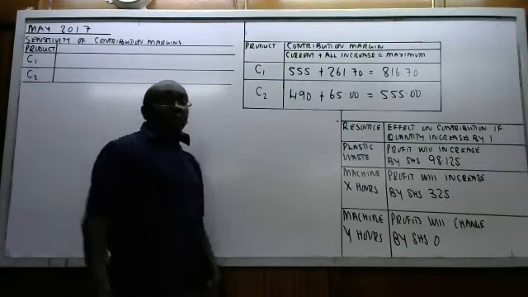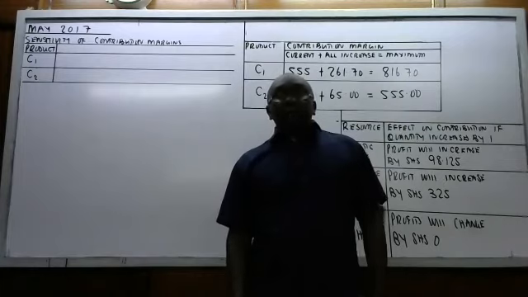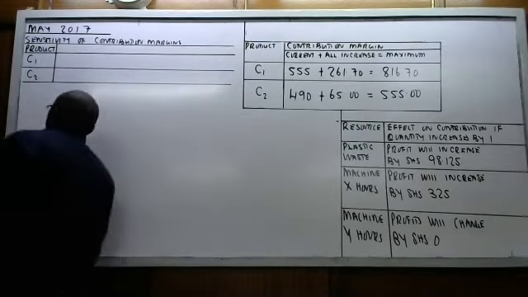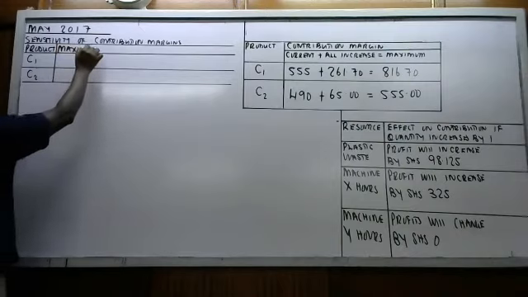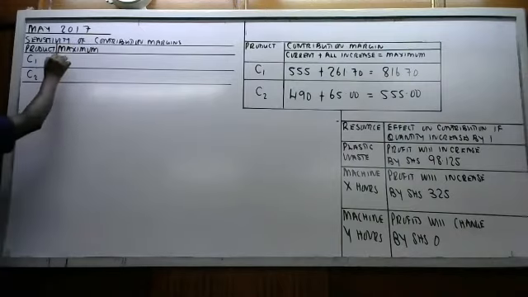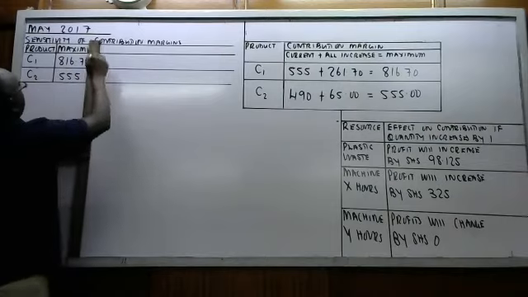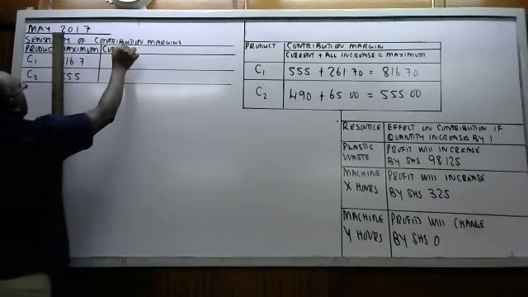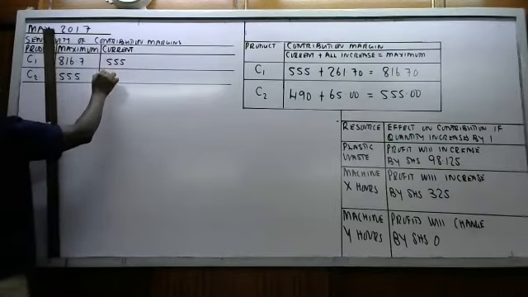Sensitivity analysis, I told you, is simply about getting the maximum and the minimum values. It's as simple as that. We already know the maximum, and because the working is just up there, we will not show the working again. We will just show the maximum. Current is 555 and 490.